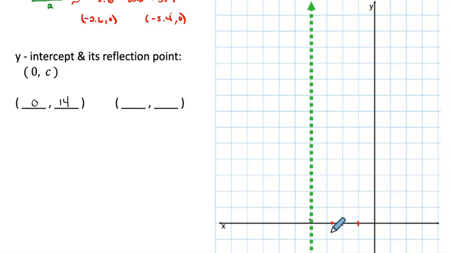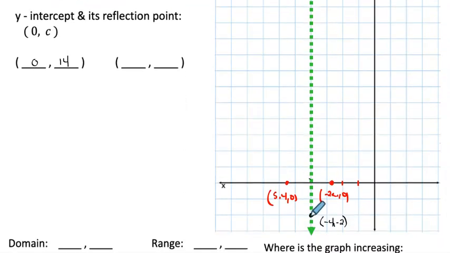Negative 2.6 is about there, and for 5.4, I count 2, 3, 4, 5, 5.4, is there. So they're both about 1.6 units away from the axis of symmetry.